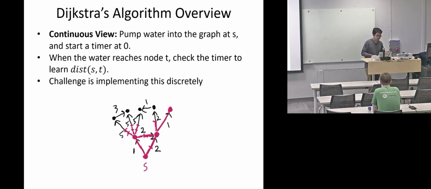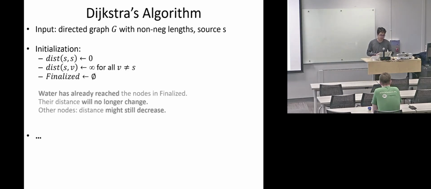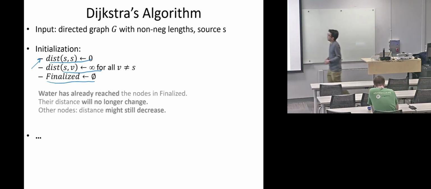The pseudocode that describes what Dijkstra is doing is like this. Initialize the distance at s to be 0, and everything else for now is infinite. There is a finalized set, which is exactly the set of nodes that the water has already reached.